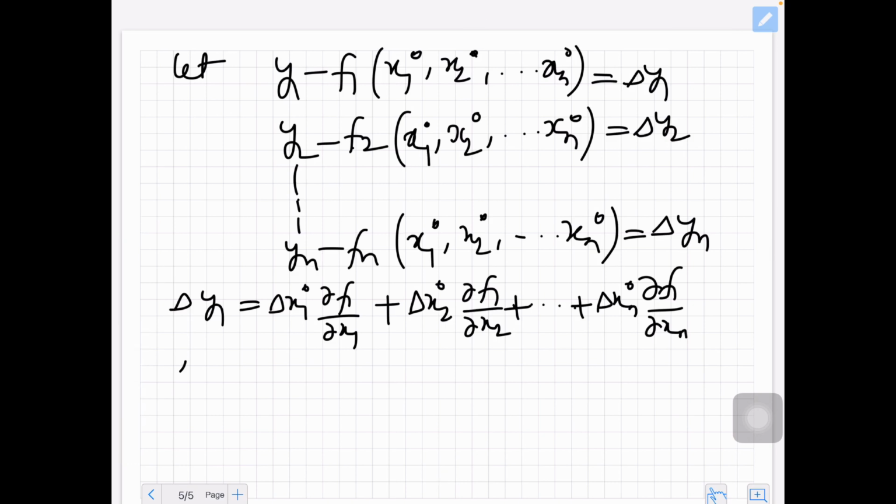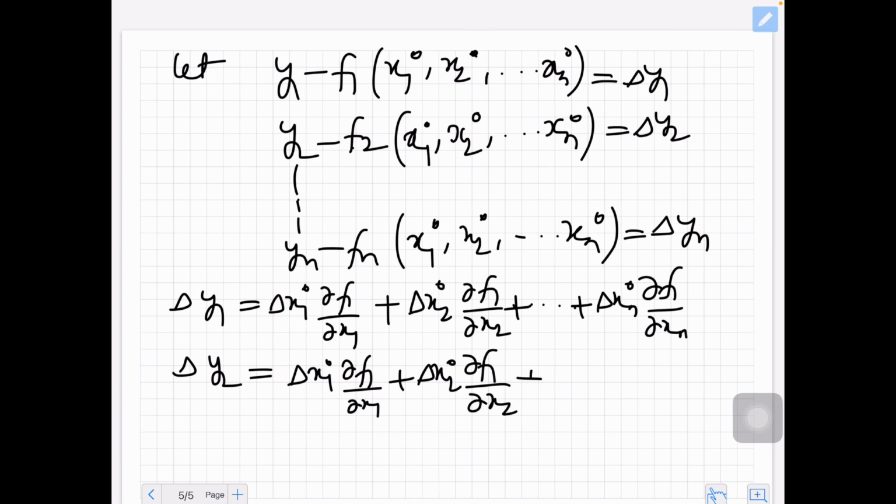Similarly delta y2 is equal to delta x1 naught dou f2 by dou x1, plus delta x2 naught dou f2 by dou x2, plus etc., plus delta xn naught dou f2 by dou xn.